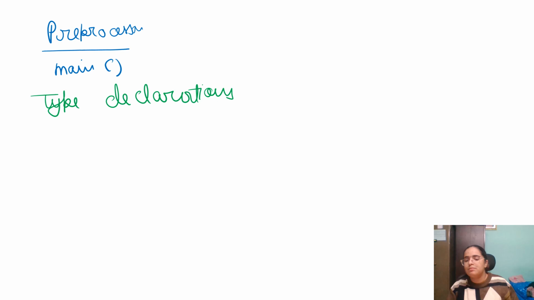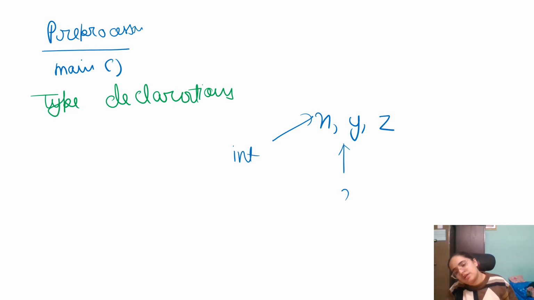Supposing I'm using variables x, y and z. And I say my x is my integer type. My y is my float type. Float is in decimals. Integer is positive, negative, zeros. And my z is my character type, in words.